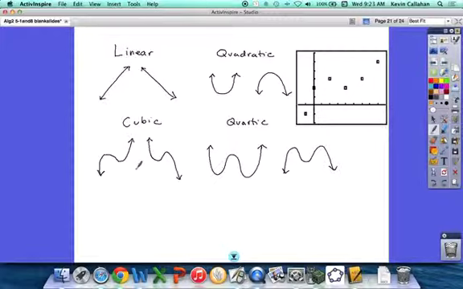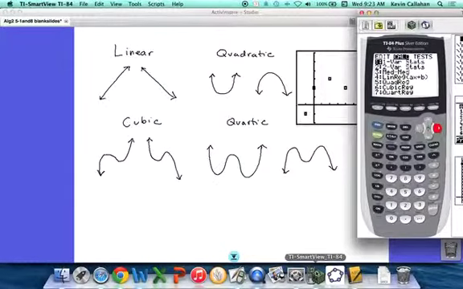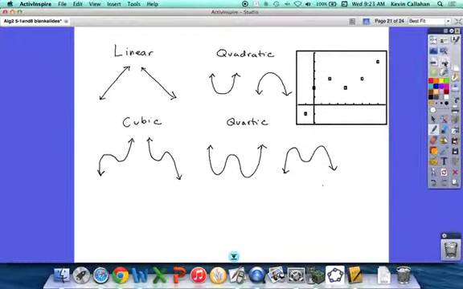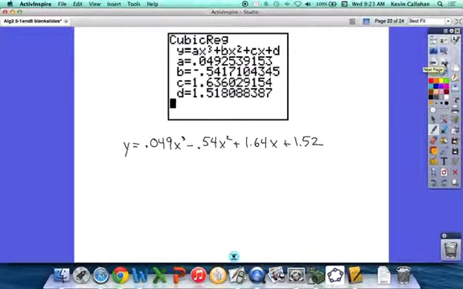So in the calculator, you go stat, calc, and cubic is the 6th option. And when you did that, you should have gotten a mess that looks like that. A whole lot of decimals. Most that I saw were at least starting out with the 0.049. So that tells me you probably did everything right if you got to that point.